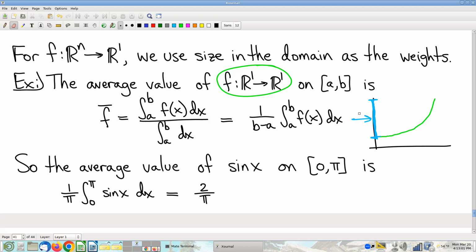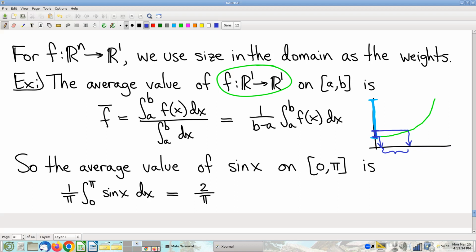So the big idea here is to recognize that if I were to break this up into pieces, for example, let's look at how long the curve is in this range of values here. Well, the function is in that range of values roughly from there to there. The function is in that low range of values for a lot of the domain.